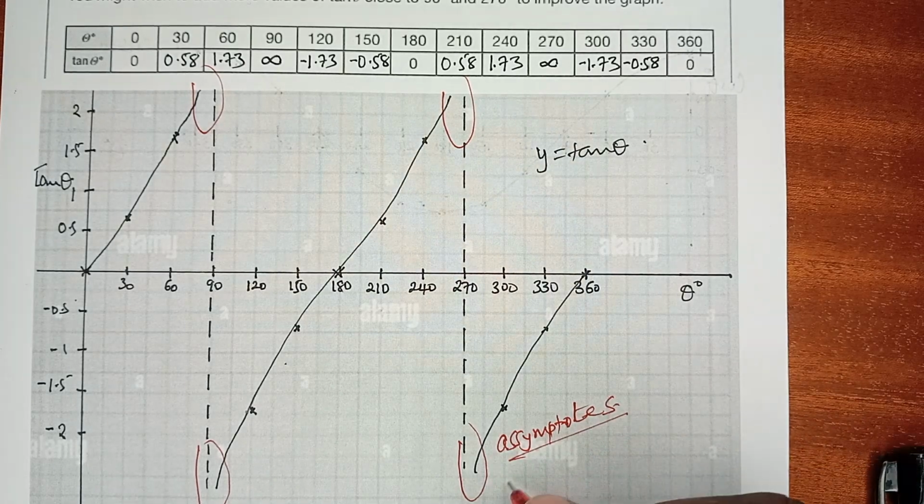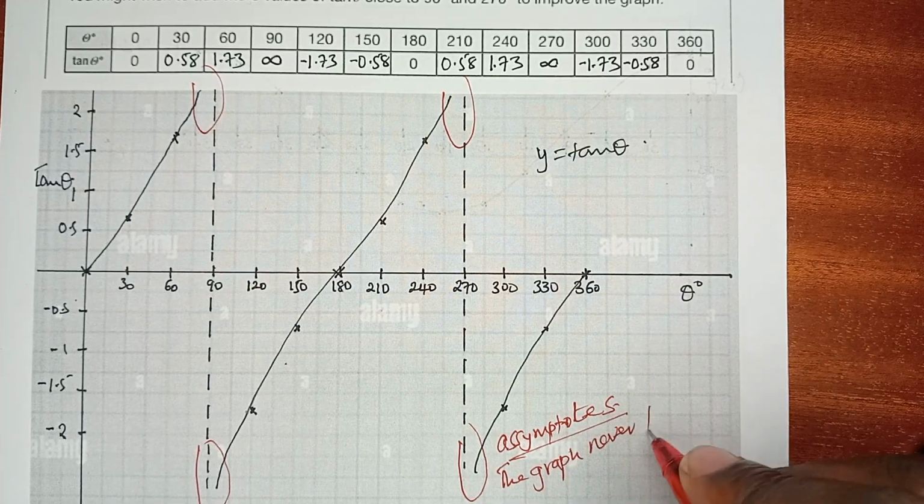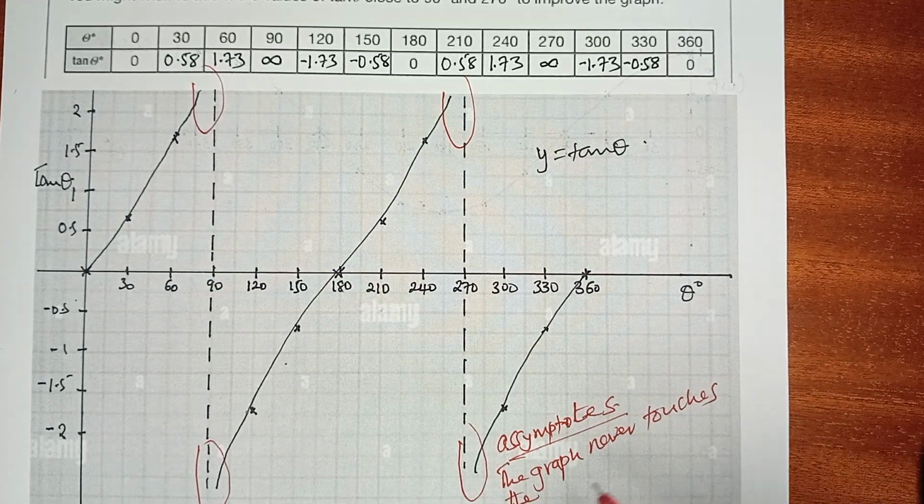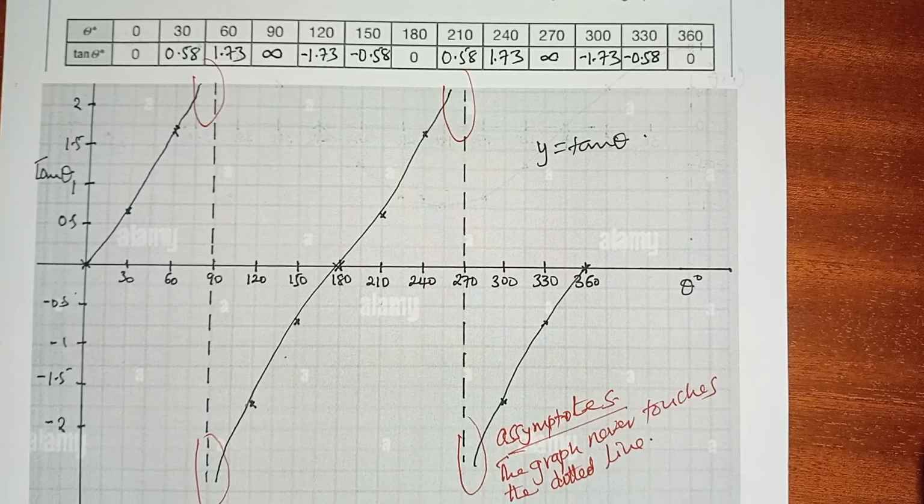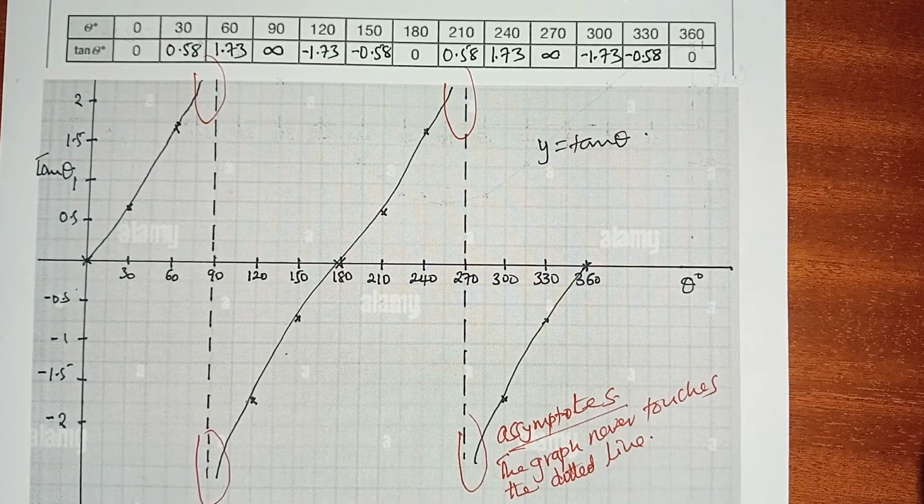And asymptote means the graph never touches the dotted line. That is the meaning of an asymptotic graph.